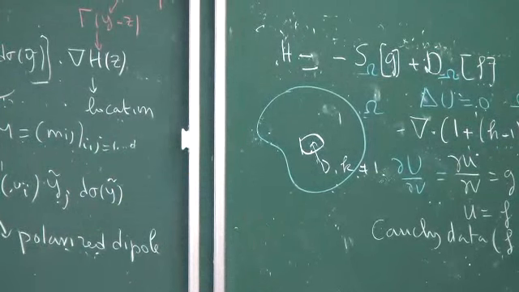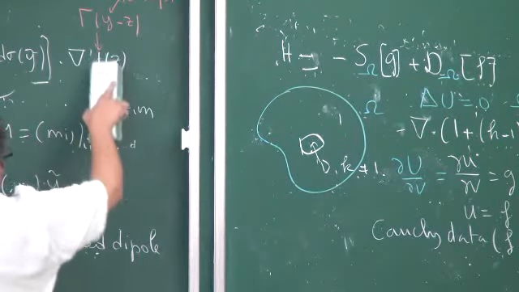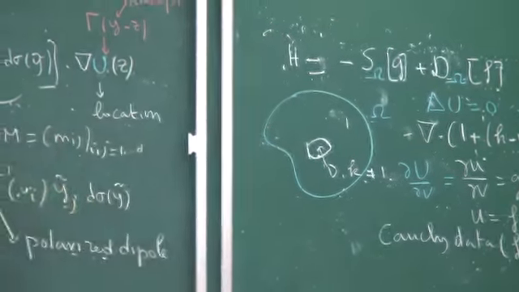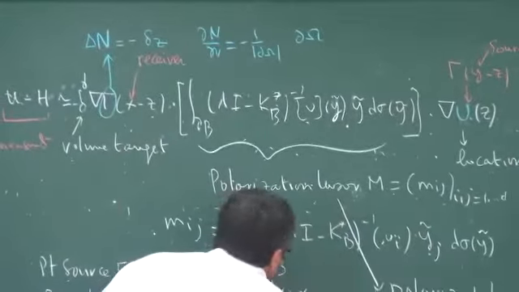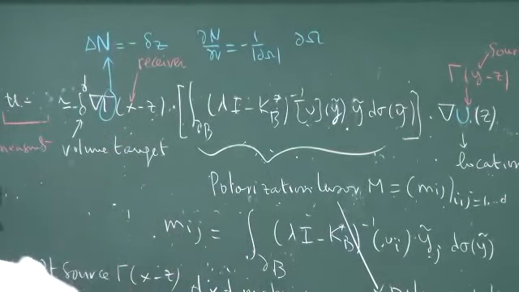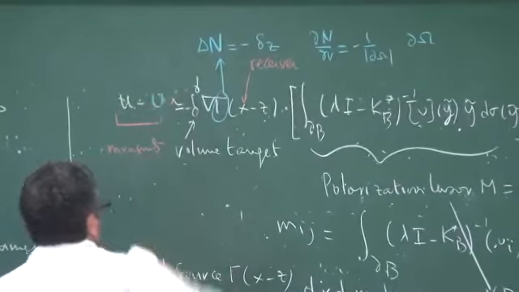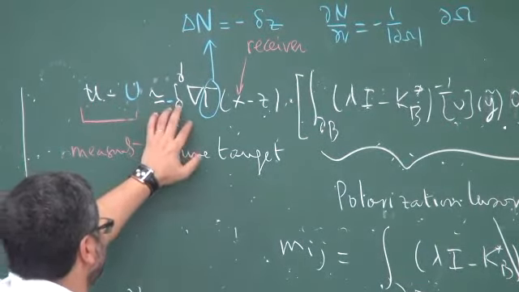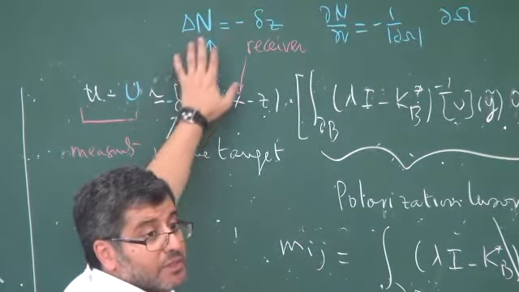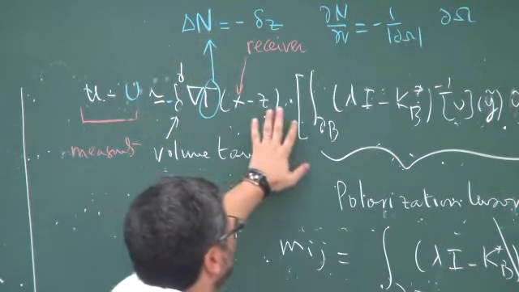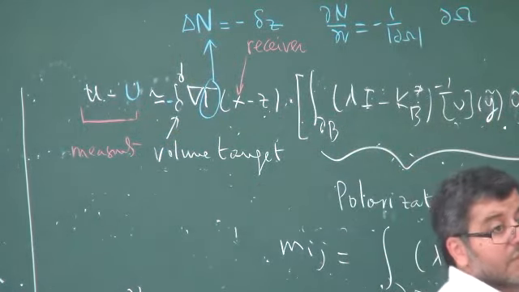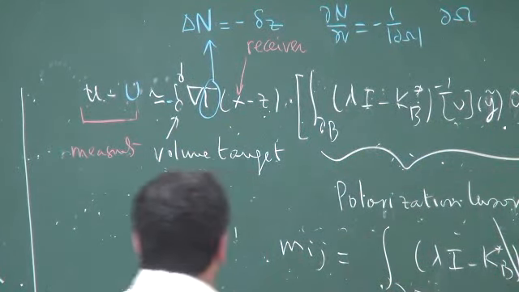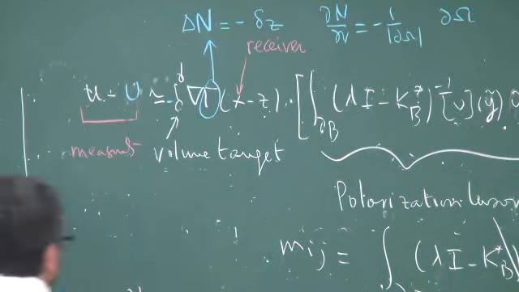So actually the formula is this one: H is approximately capital U. So the perturbation induced by the inclusion in a bounded domain is small u minus capital U, equal to minus the volume times the gradient of the Neumann function, times the polarization tensor, times the gradient of the background solution.